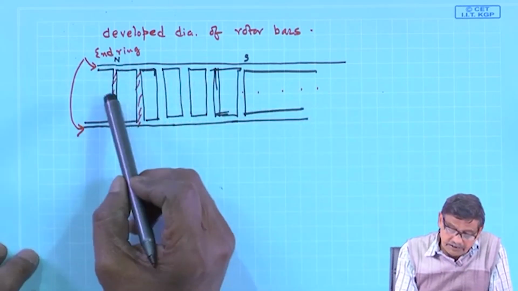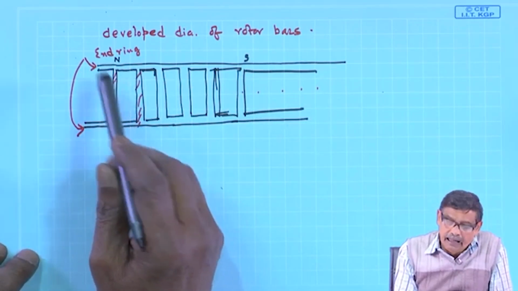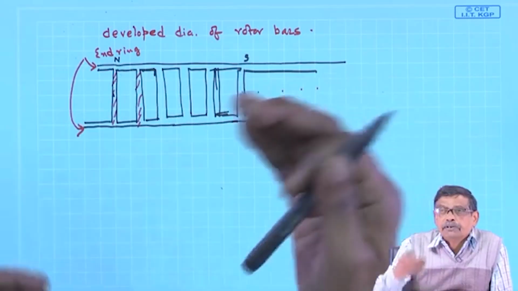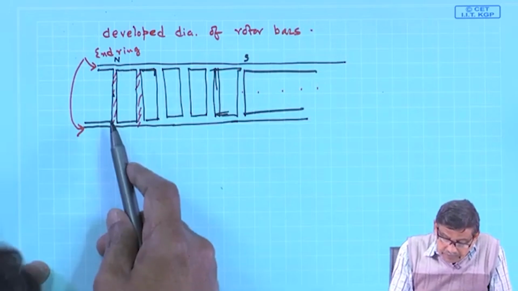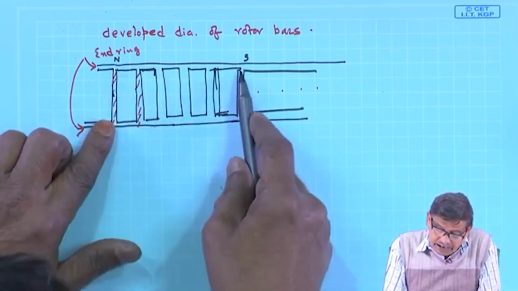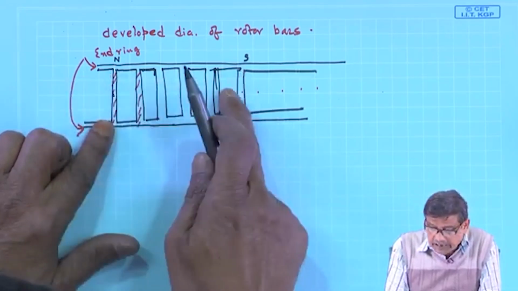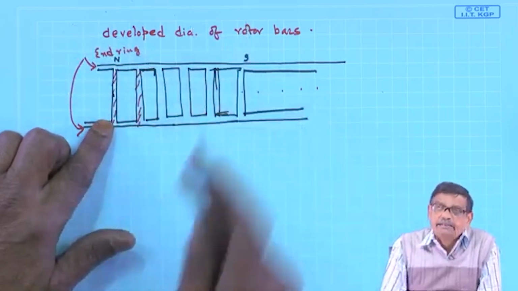The induced voltage of this bar will be BLV, and in whichever way it has been decided by the stator coils, it will have that polarity of the voltage. And there you will find another bar which is 180 degrees electrical apart after the south pole.